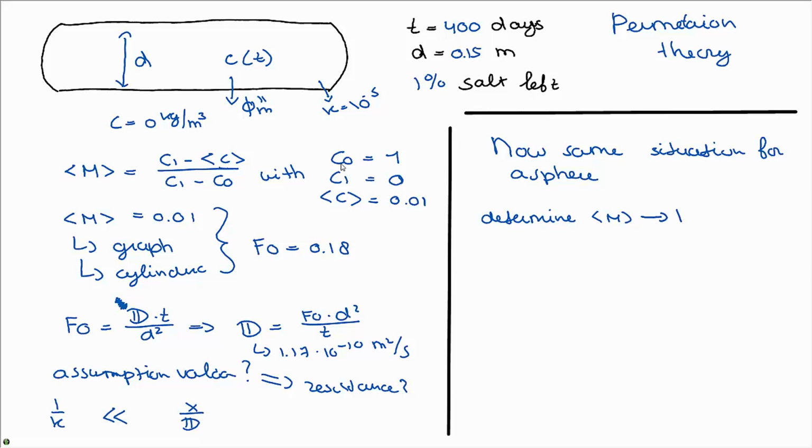Then you can read out Fourier's number, only this time you have to read out a different line since you now have a sphere geometry. When you have Fourier's number, you can use the equation for Fourier again, and that was this one, only now rewrite it for the time and then fill in the numbers, and then you have the time it takes to do this.